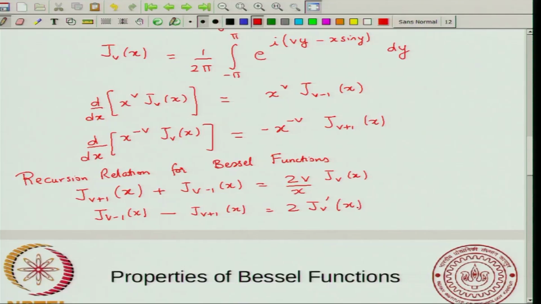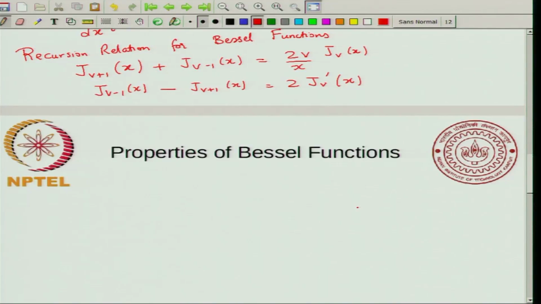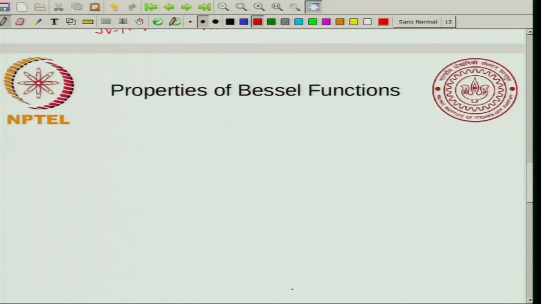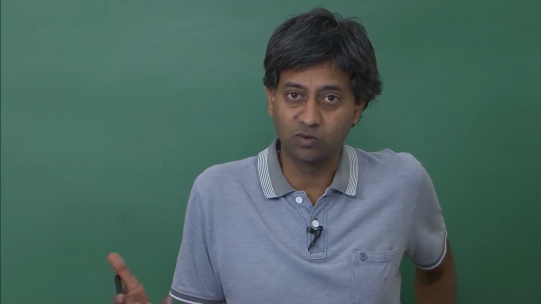So these are some of the relations that you can write. Again, I do not expect you to remember them, but the fact that you have these recursion relations is very interesting, and notice that once again Jv couples to J(v plus 1) and J(v minus 1). This turned out to be fairly useful in, say, the Hermite equation, which we used to analyze the quantum harmonic oscillator.